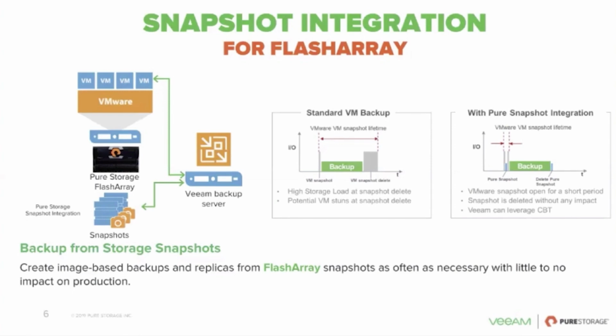But once we create the vSphere snap, we then create the hardware snap, and we immediately release the vSphere snap after we've created a FlashArray snapshot. So as you can see, the VMware snapshot is only open momentarily, right? And it's consolidated with zero impact to the environment, essentially. Right? Now we can proceed with backing up the remainder of the data directly from the storage snapshot.